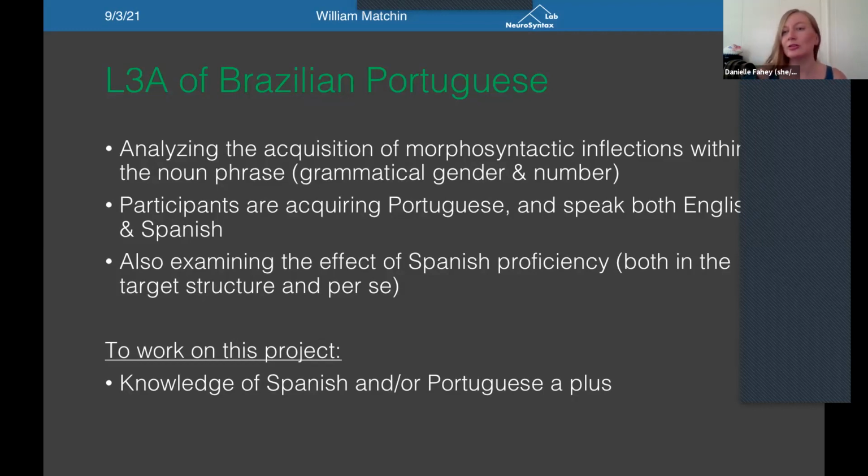If you knew Spanish or Portuguese, it could be helpful, but you're not allowed to help them if they're like, I don't know the answer, tell me the answer. Well, you can't. So you don't actually need to know these languages. It just could be helpful potentially later. And you may learn a little bit about these languages by working on it as well.